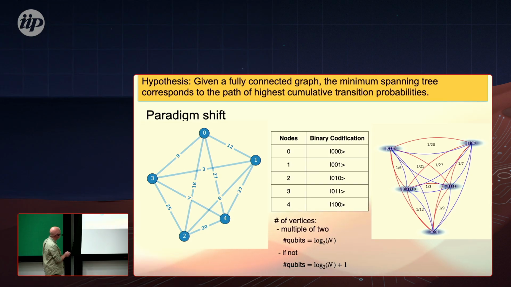I go for a binary codification of all the nodes of our graph, and map this into a transition problem between those possible states. This is quite good for saving resources. If the number of vertices is a power of 2, the number of qubits increases as the logarithm of n. So this is good. If not, it is the logarithm of n base 2 plus 1, which is also good, okay?